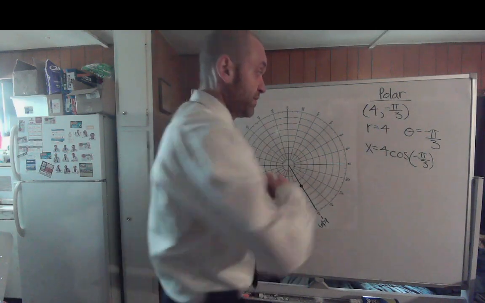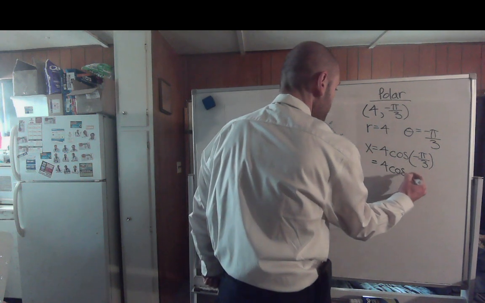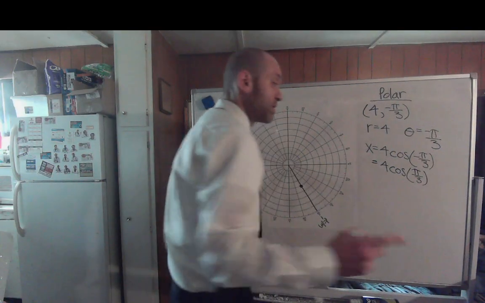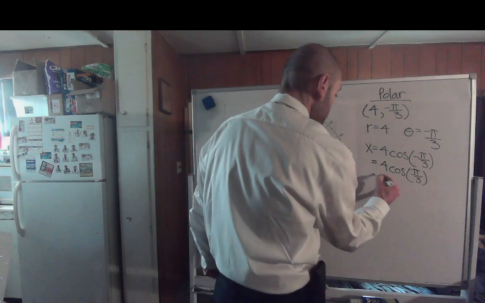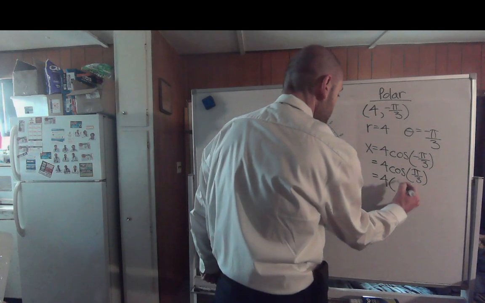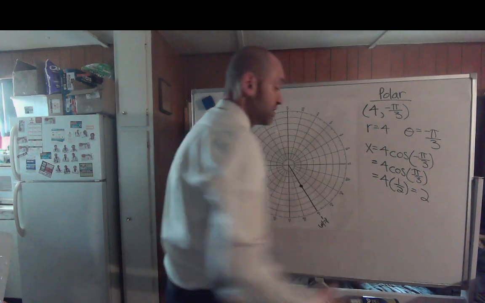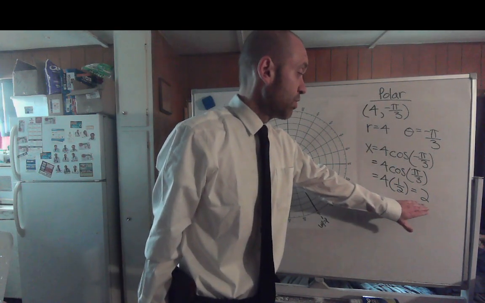Cosine's an even function, so this would be the exact same thing as 4 times the cosine of positive pi over 3. Now, what is the cosine of pi over 3? Well, that's just going to be 1/2, so you get 4 times 1/2. That means your x-coordinate is going to be 2.